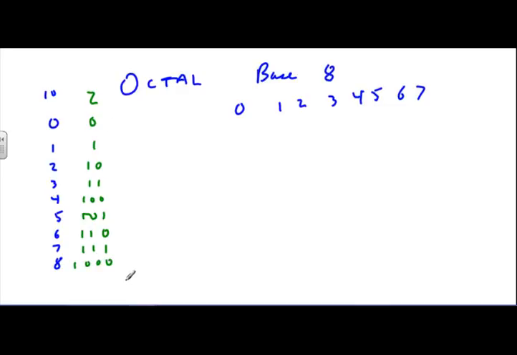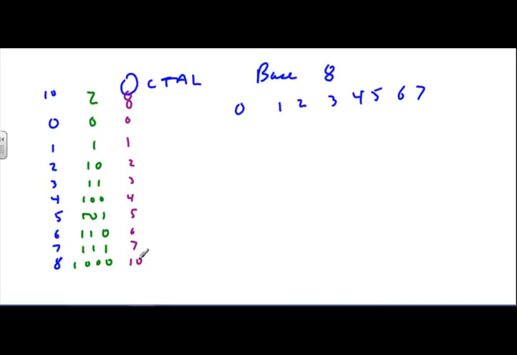That would be my base 2 representation of the numbers. In octal, base 8, I'd have 0, 1, 2, 3, 4, 5, 6, 7, 1, 0. Notice that I didn't say 10, I said 1, 0, because I'm in base 8. It wouldn't make any sense to say 10 in base 8. 1, 0 is 8.